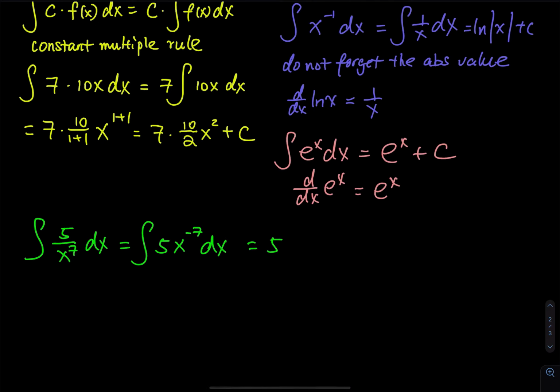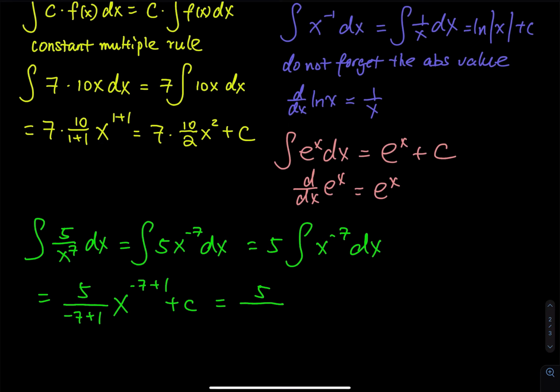We pull the 5 out, and then x to the negative 7 dx. That looks cleaner, but it doesn't really help anything. Let's do the power. This is x to the negative 7 plus 1. We put that in the denominator, put the 5 up, and then we add c to it. So that is 5 divided by negative 6, and then x to the negative 6 plus c.